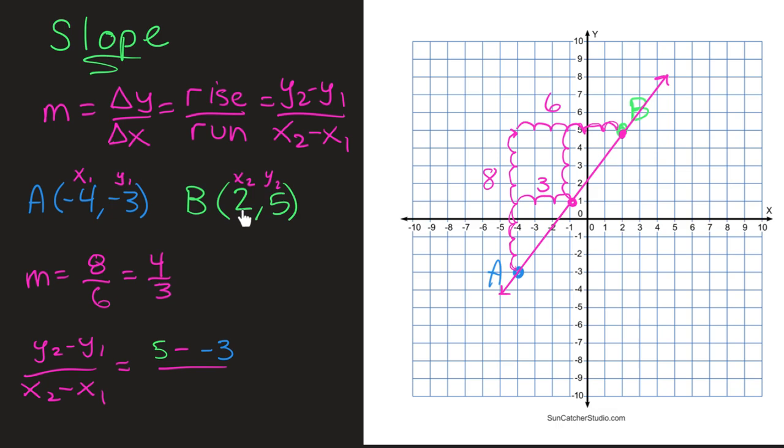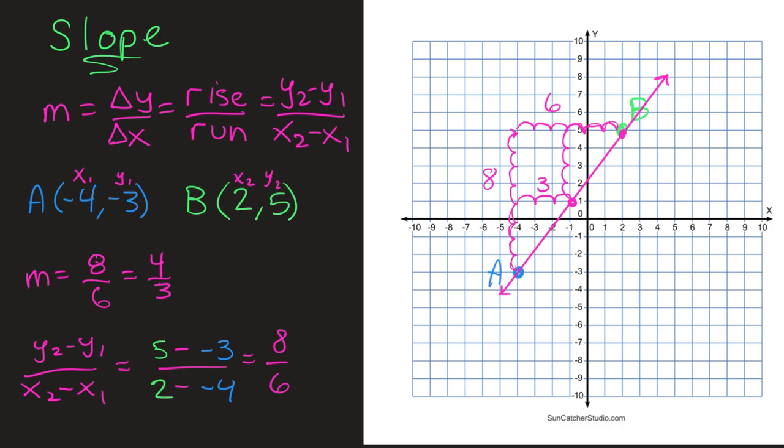So x sub 2 is 2, and x sub 1 is negative 4. We simply write it out: 5 minus negative 3 is 8, and 2 minus negative 4 is 6.